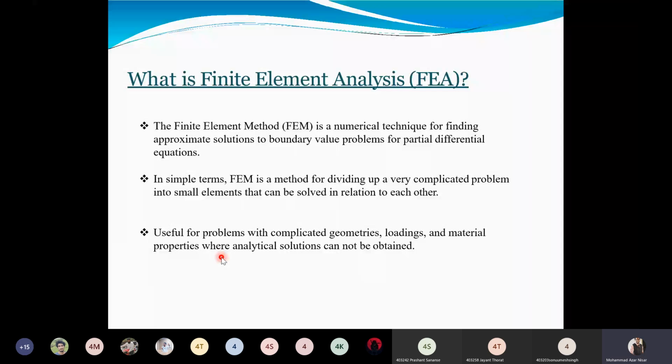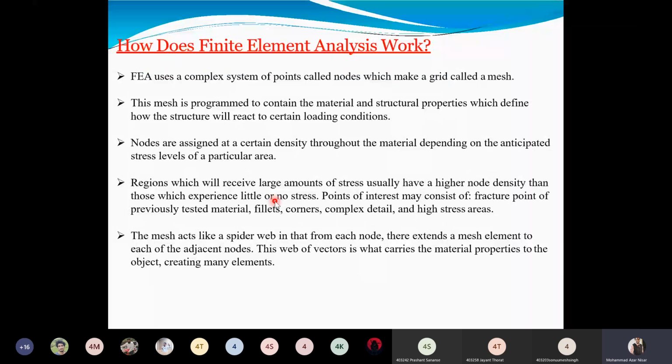So how does it work? The interpolation function involves three types of elements: simplex, complex, and the third one, multiplex. In simplex, you have the 1D element problems, with elements having only the end nodes.